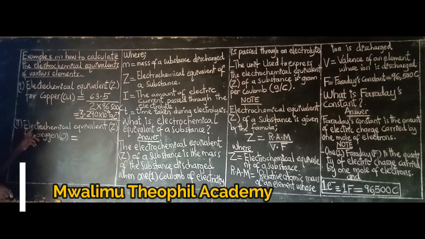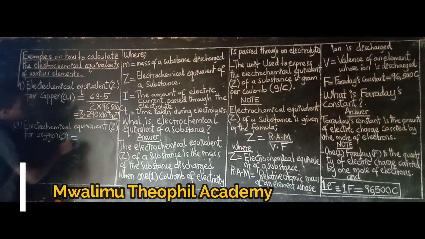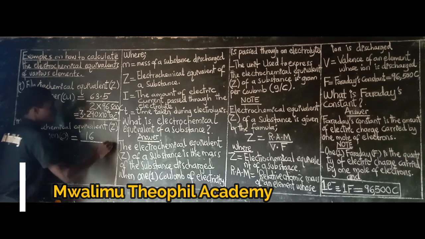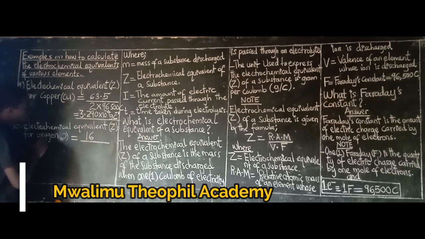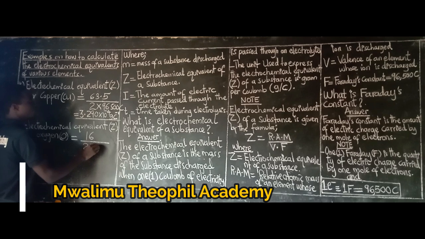Let us see the electrochemical equivalent for oxygen. The relative atomic mass of oxygen is 16, so we take 16 over its valence. The valence of oxygen is 2, times Faraday's constant, which is 96,500 coulombs.